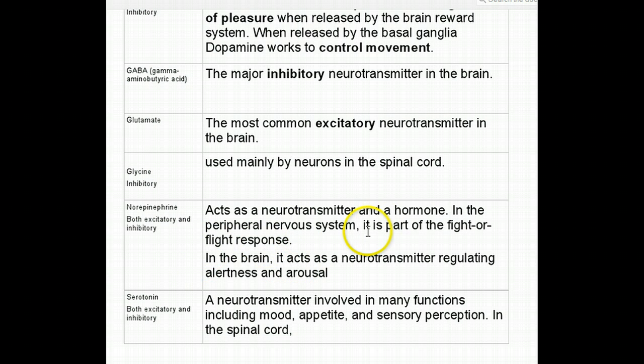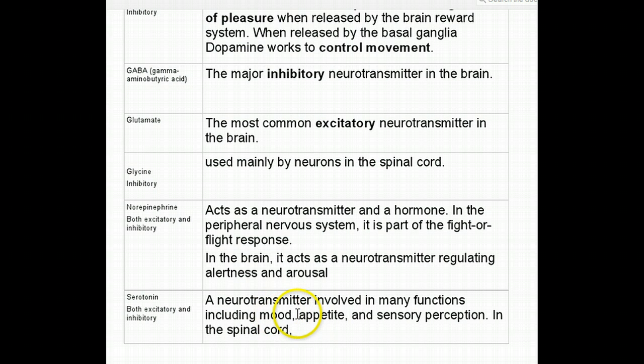The fight or flight response is an important mechanism to get you ready to face danger. However, in the brain, it acts as a neurotransmitter regulating alertness and arousal. And finally, serotonin. Serotonin is both excitatory and inhibitory. It regulates your mood, your appetite, and your sensory perception.